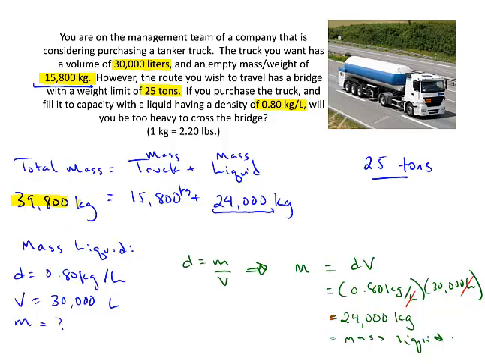Now, is 39,800 kilograms greater than or less than 25 tons? Well, in order to do that, we're going to need to do one more unit conversion. Now, we can do this either direction we want. You can take tons to kilograms. I think I'm going to take kilograms to tons. So our two numbers are 39,800 kilograms and 25 tons.